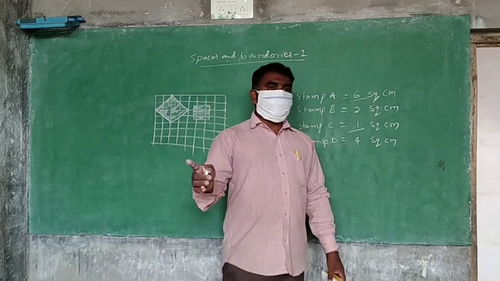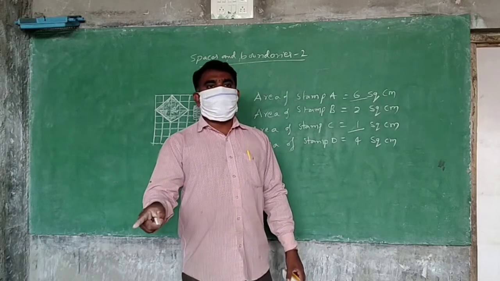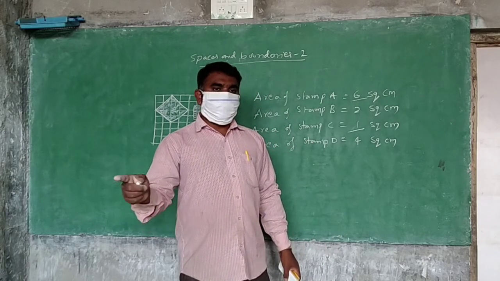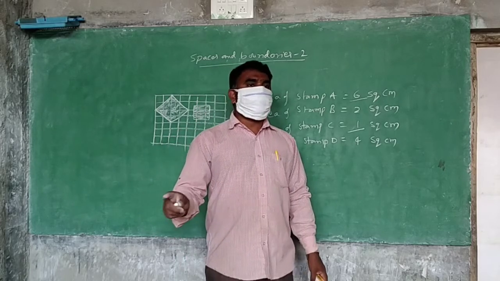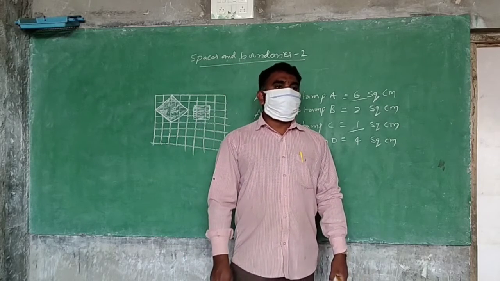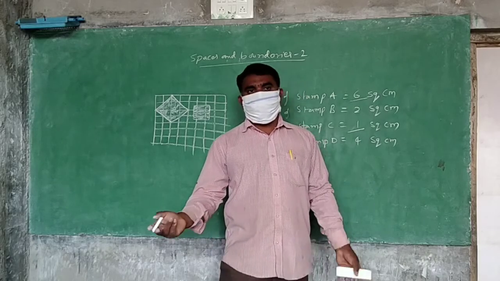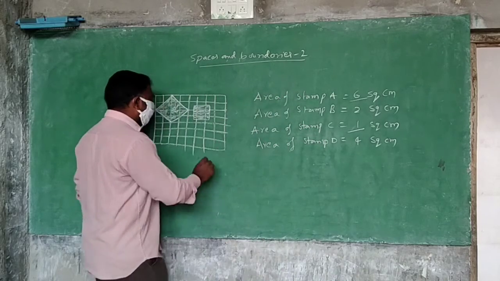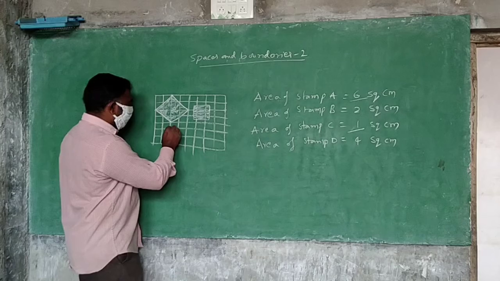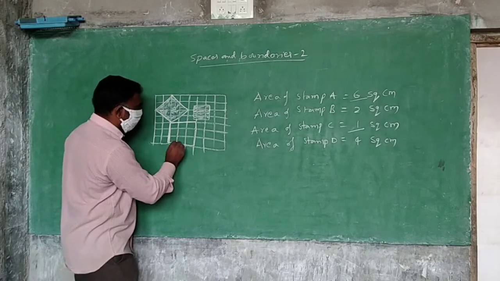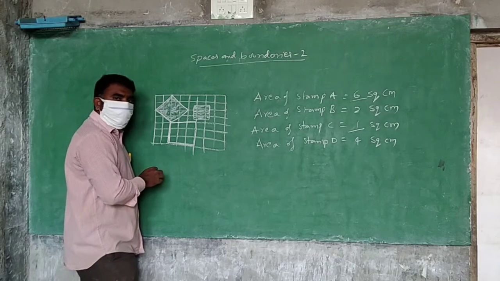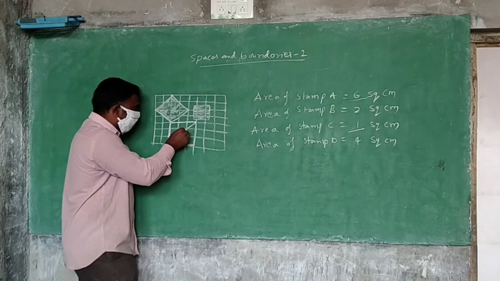Find the area of the square. Find the area of the triangle. Check whether the areas are equal or not. If yes, you write yes, or no, you write no. But you observe carefully here. You see, like that it is there. This square, no? The same square only, what he has done, you know, he cut like this.